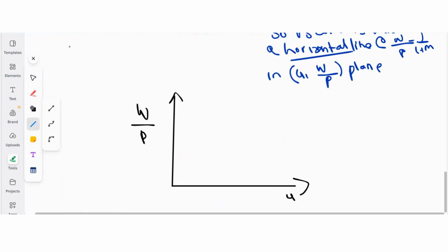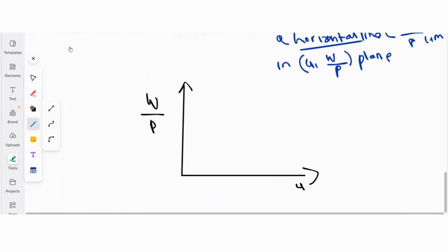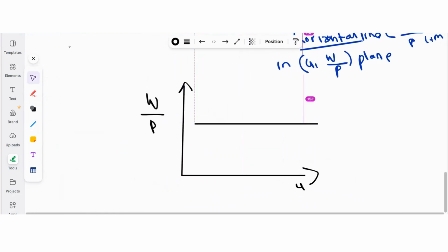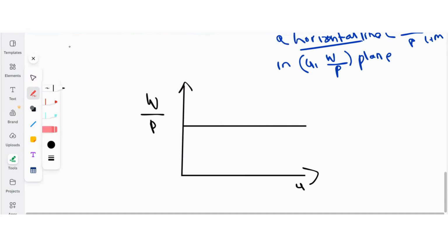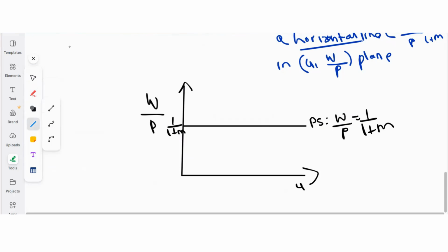Like we discussed, the PS curve is going to be a horizontal line at W by P equal to 1/(1+μ), because regardless of the unemployment rate, the real wage implied by wage setting remains that.